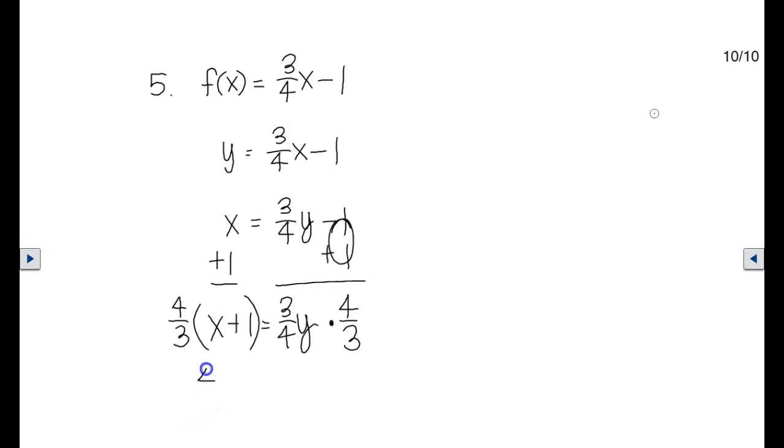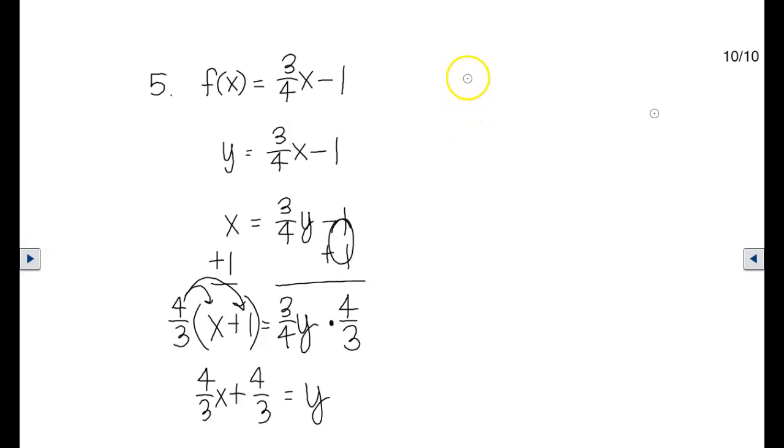So, when I distribute, I get 4/3 times x plus 4/3 is equal to y. So I got this from distributing 4/3 to both things inside the parentheses.